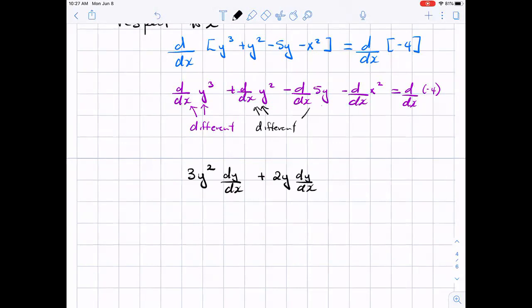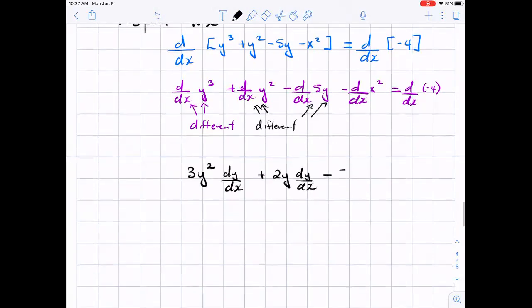Notice here the variables are also different. So we have minus the derivative of 5y would be 5, but then because we have a y different variable, we have dy dx. Minus, these the variables are the same, so we don't need that dy dx, it just becomes 2x. And equal to the derivative of a constant is 0.